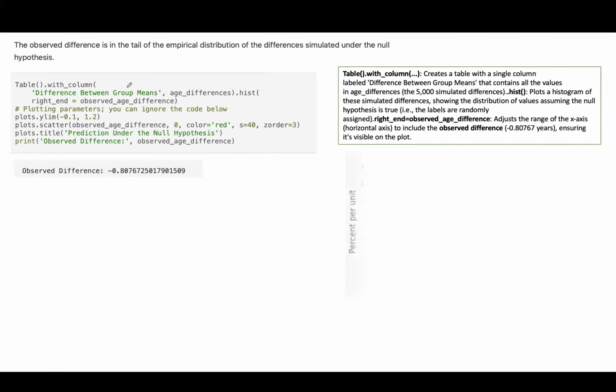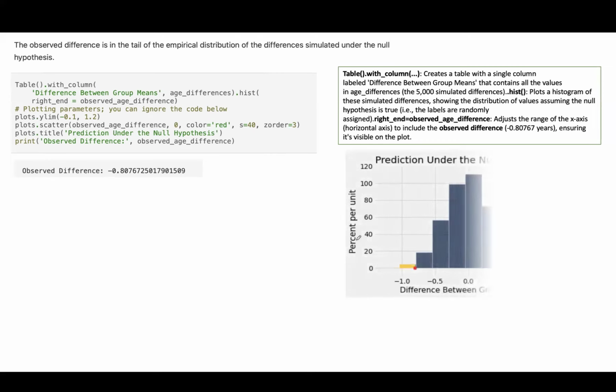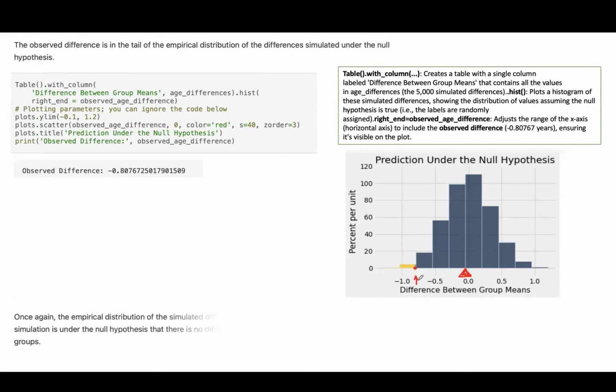Then we visualize this. In our visualization, it seems like the histogram is centered around 0. But take a look at the red dot here. The empirical distribution of the simulated differences is centered roughly around 0 because the simulation is under the null hypothesis, that there is no difference between the distributions of the two groups.